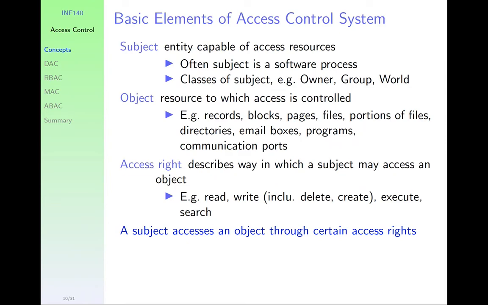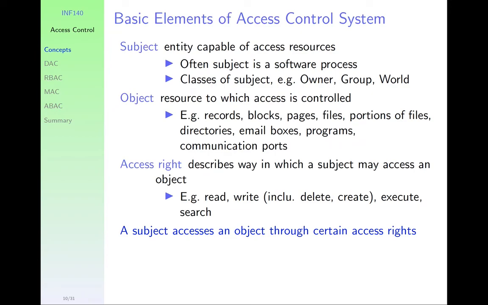The resource, or asset, in the system to be accessed by this subject, we call an object. These objects could be files, pictures, movies, or music. These are all objects. And for these objects, when we say access, what do we mean by access?